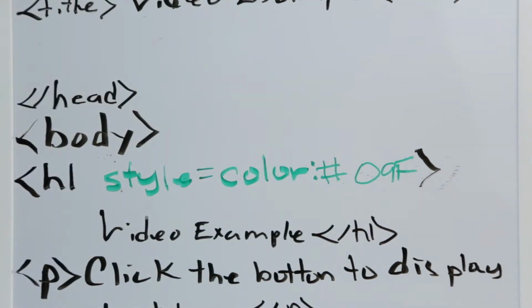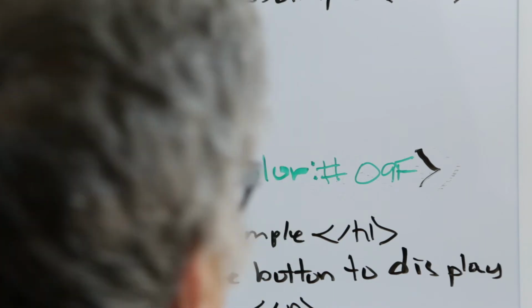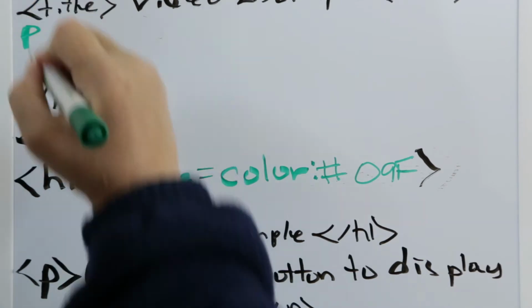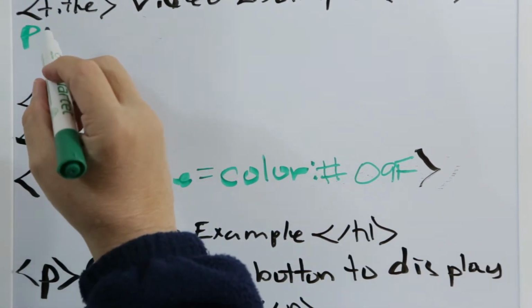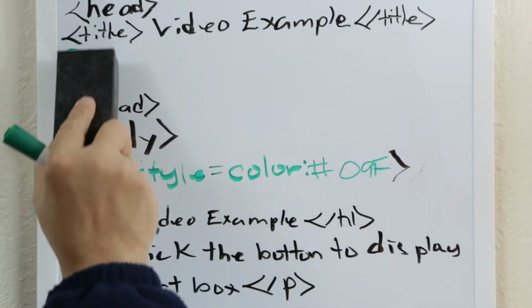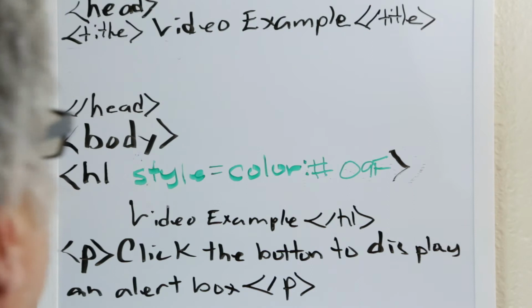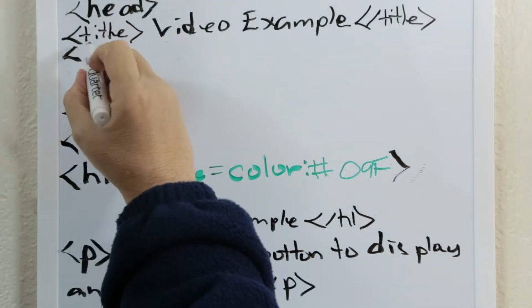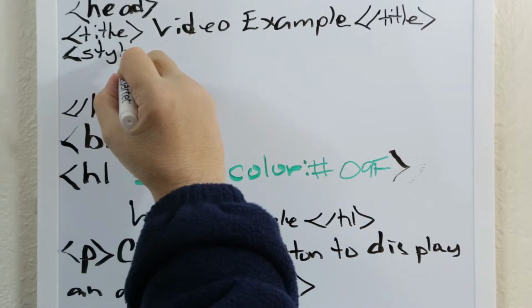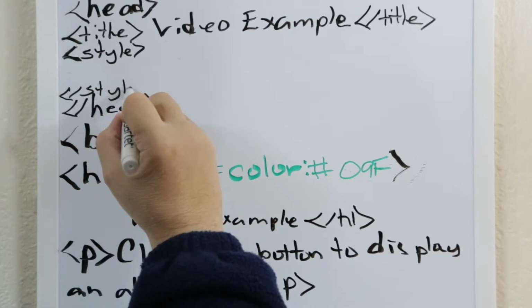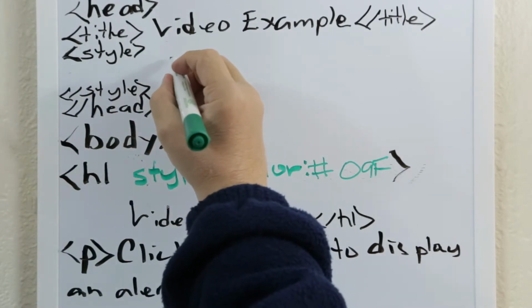I have another style that I can add here up in the head. The syntax for writing this style is a little different. I'm going to say P, that's for the paragraph tag. Oh, I have to add a tag. To add to the head, I need to add the style tag. Style, and close style. See, I'm going to put this over here a little bit.